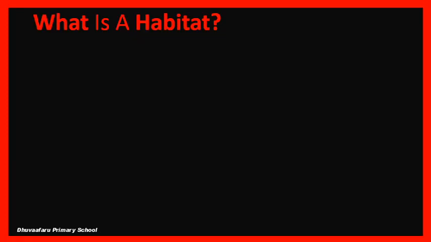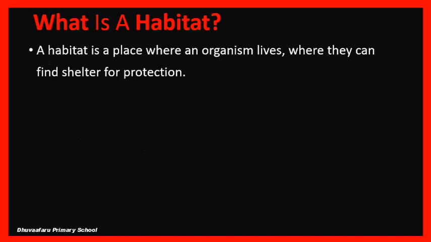Students, can you tell what is the meaning of a habitat? We discussed in the previous lesson what a habitat is. So here is the definition of habitat. A habitat is a place where an organism lives, where they can find shelter for protection.